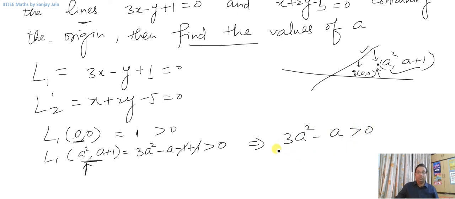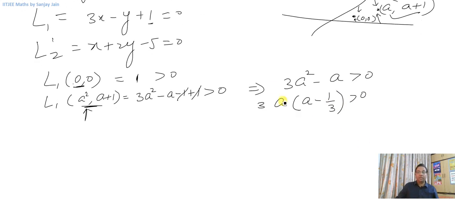So I can take a common, or 3 also I can take outside. So it will be a into a minus 1 by 3 greater than 0. What will be the solution of this?